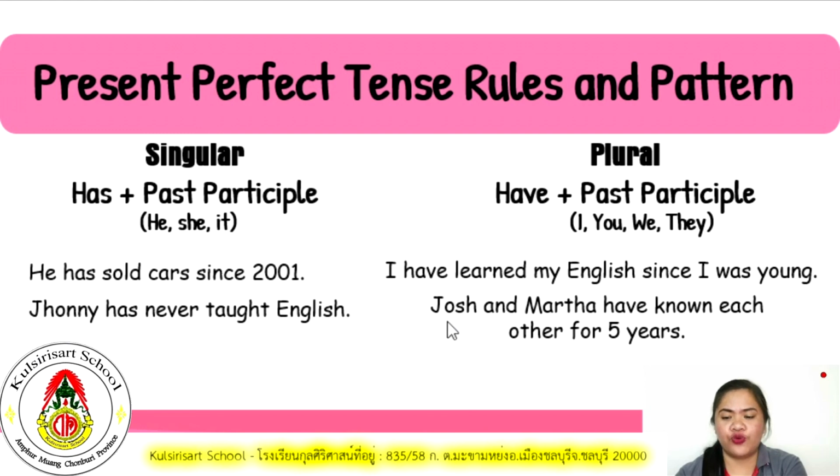We have here have learned because our subject is I, which is an exception. Next, example number 2: Josh and Martha have known each other for 5 years. We have here have because our subject is plural, Josh and Martha, and known is the past participle of the verb know.